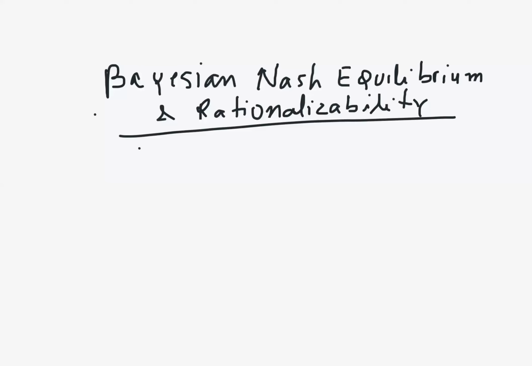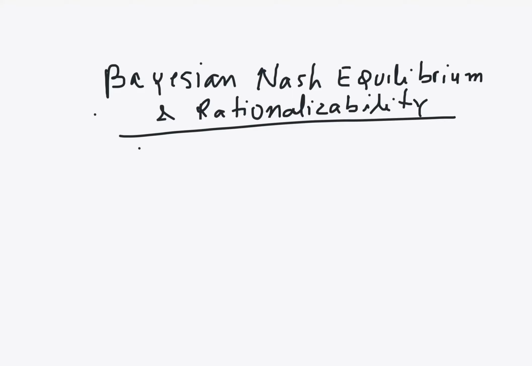Once you have converted that game into the Bayesian normal form, you can apply the standard Nash equilibrium concept to find the equilibrium, and it's called, in this case, the Bayesian Nash equilibrium.